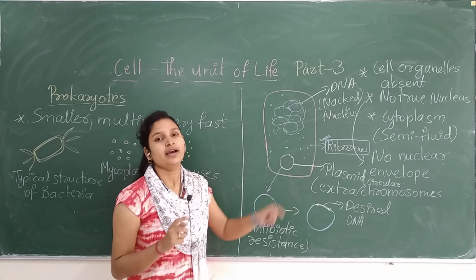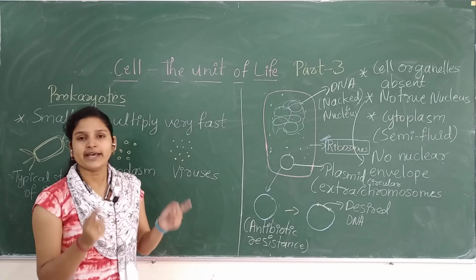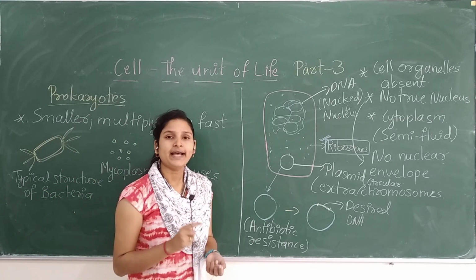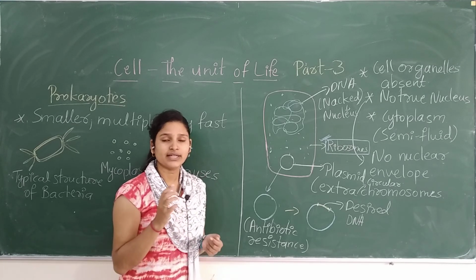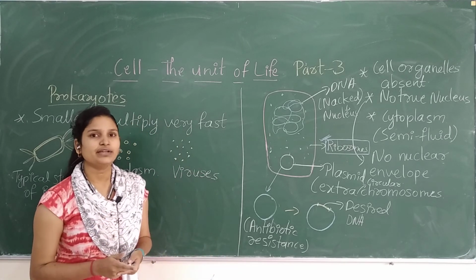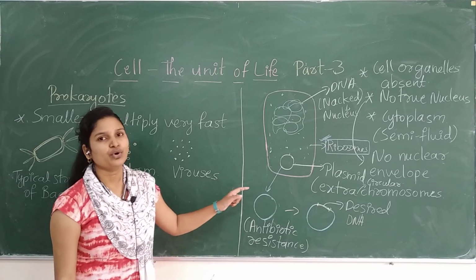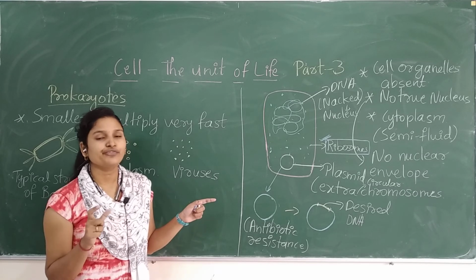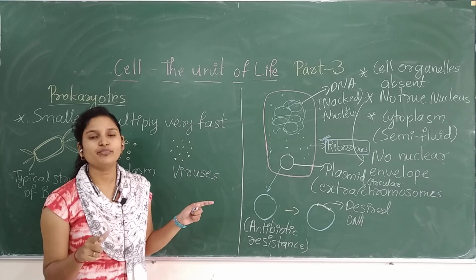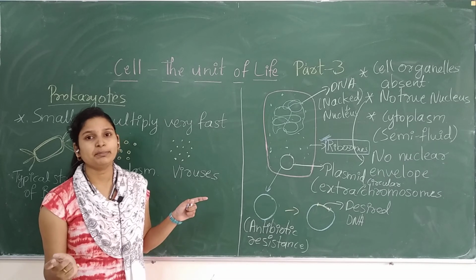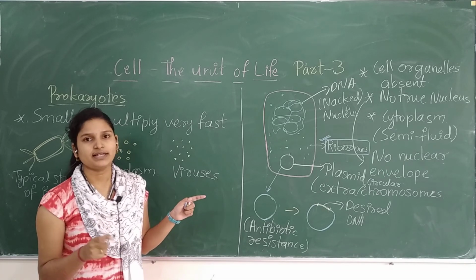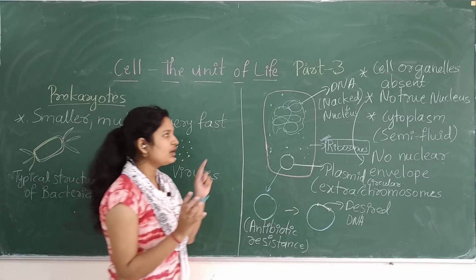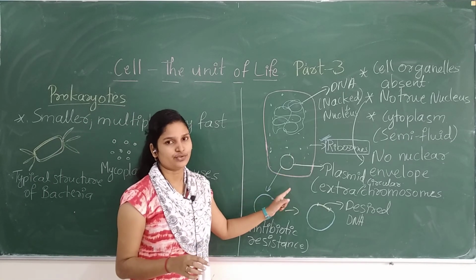Since the nucleus is not there, the nuclear envelope will not be there, nucleolus will not be there, and nucleoplasm, whatever is related to the nucleus, everything will be absent in prokaryotes. Whereas eukaryotes comprise a nucleus, the nuclear envelope, nuclear pore, nucleolus and the fluid nucleoplasm will be present. But it is all absent in prokaryotes.